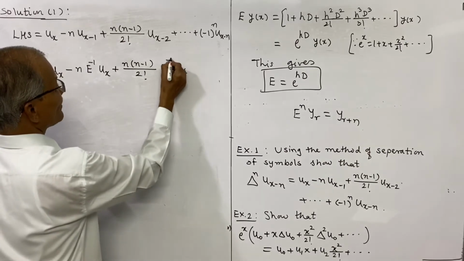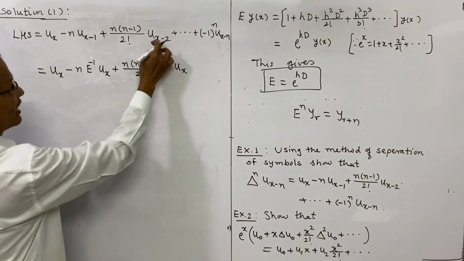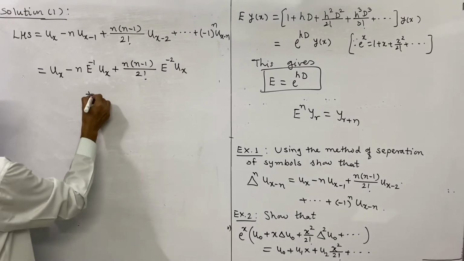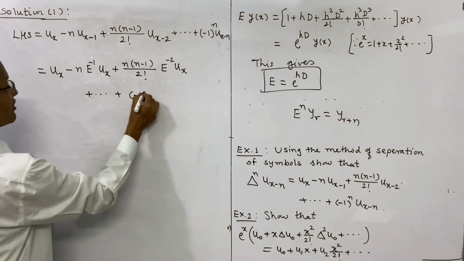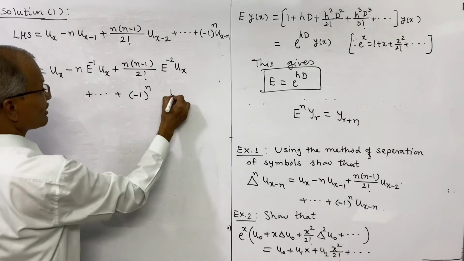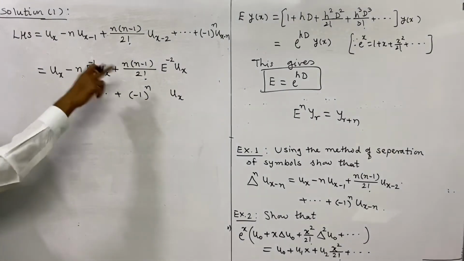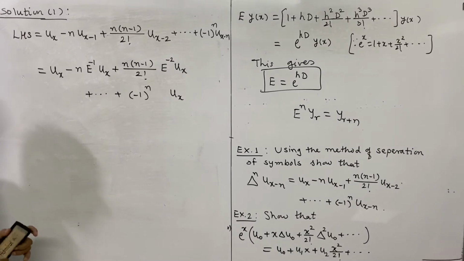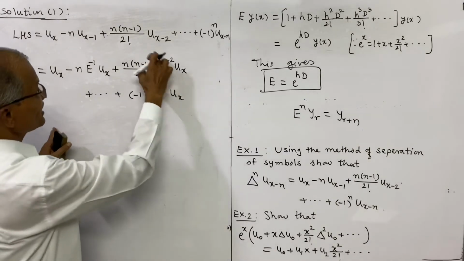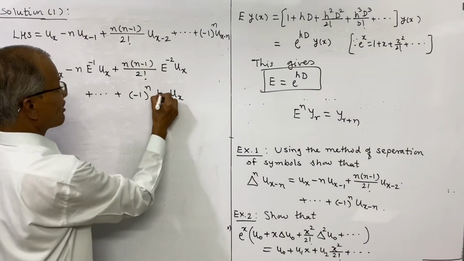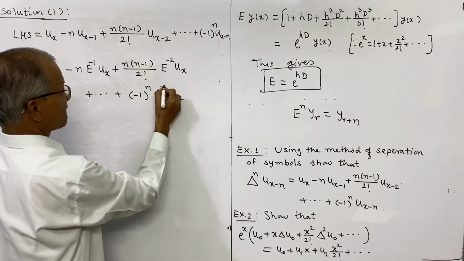Now the power of E must be minus 2, so that this will be u x minus 2, and so on, plus minus 1 to the power n, and this must also be written in terms of u x. U x we want to take as common, and therefore we are expressing each term in terms of u x, and thus here the power of E must be minus n.